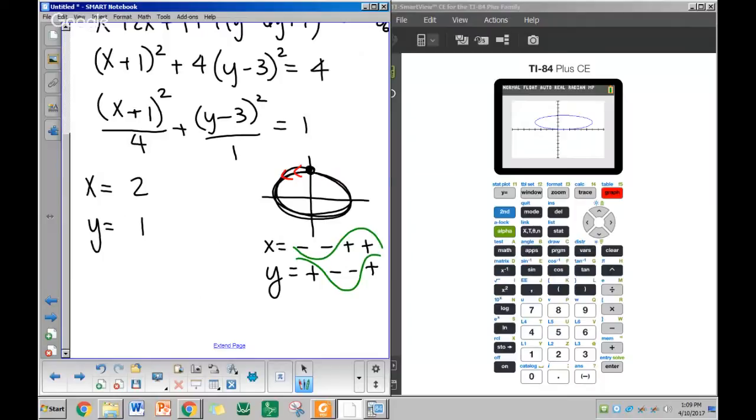Are you seeing that in those numbers? So this is going to be negative 2 sine of t plus or minus 1, because it's centered at negative 1, 3. And this would be cosine t plus 3.